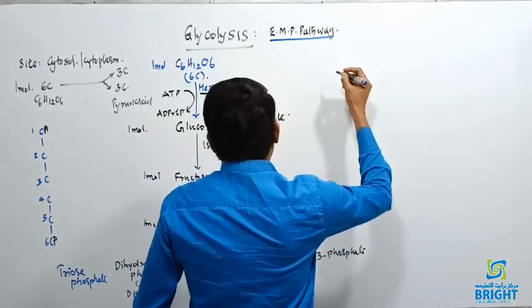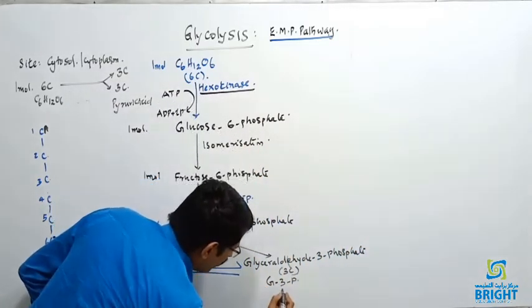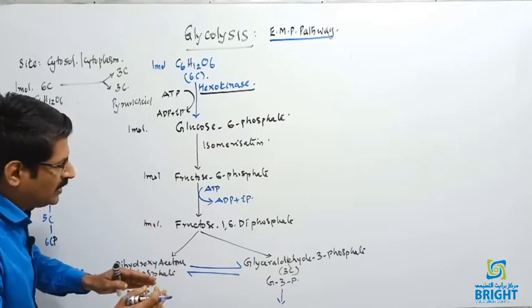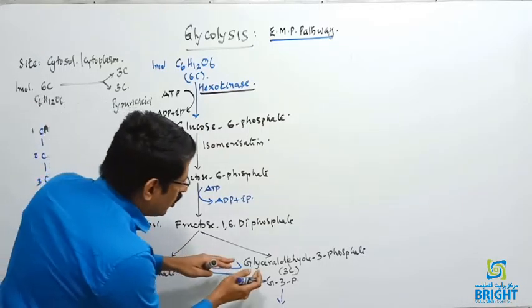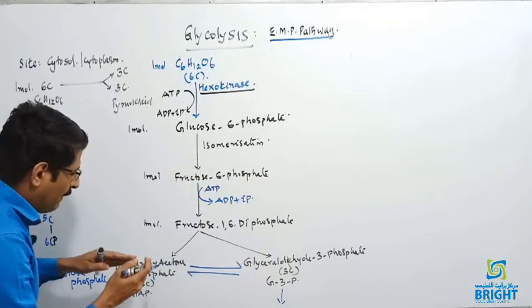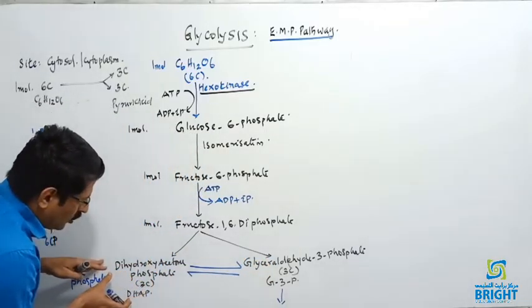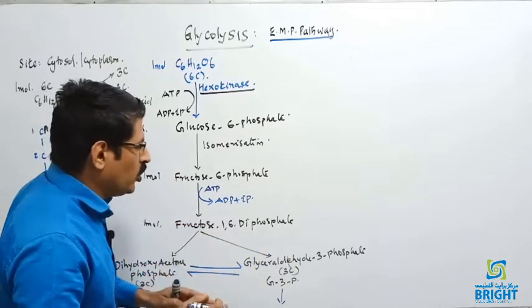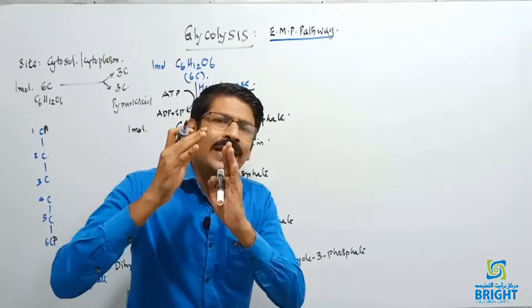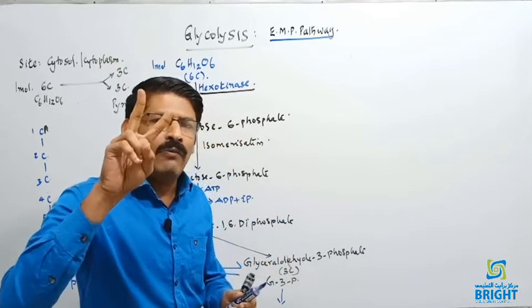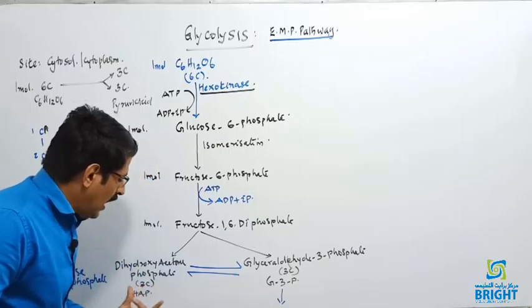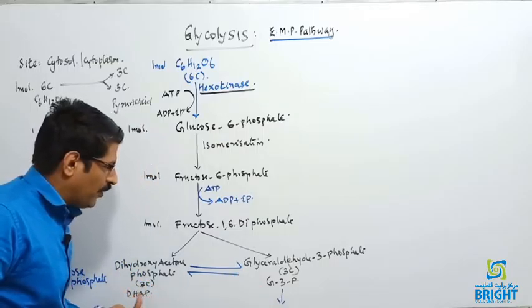Next, the process of glycolysis will be continued through the subsequent stages via glyceraldehyde 3-phosphate, but dihydroxyacetone phosphate will be converted into glyceraldehyde 3-phosphate and continue the process. So each and every coming stage must be considered twice, one for glyceraldehyde 3-phosphate and another for dihydroxyacetone phosphate.